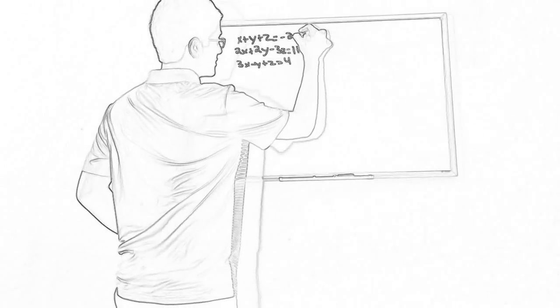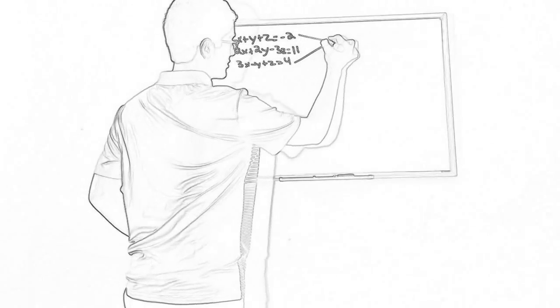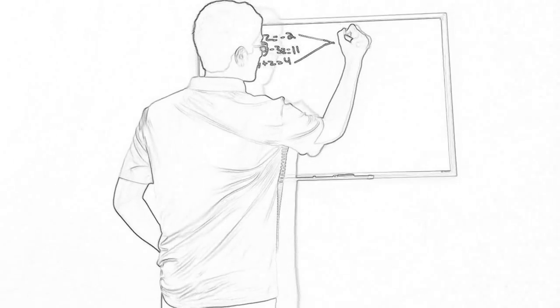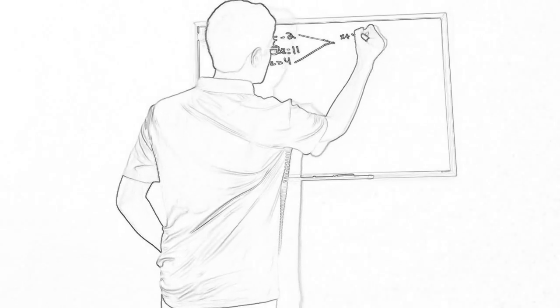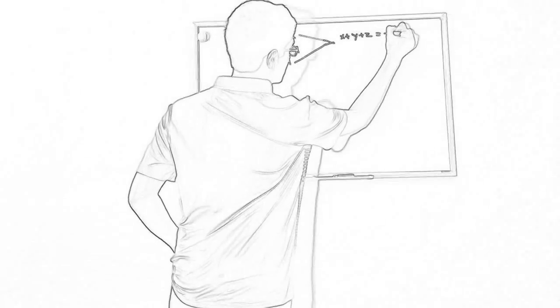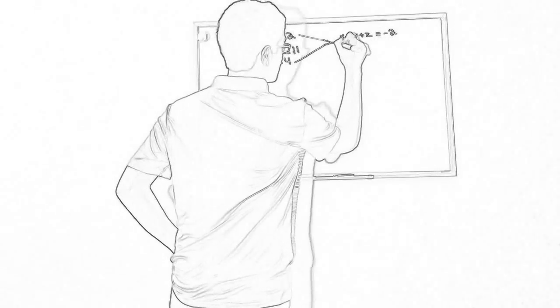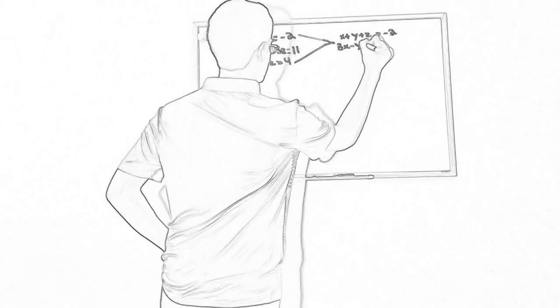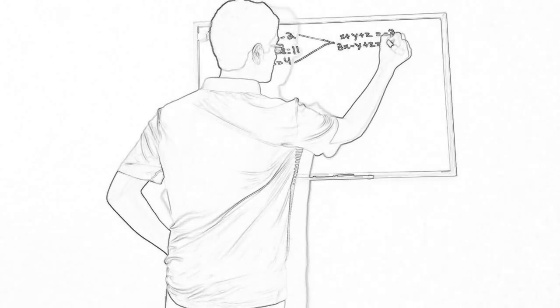We have x plus y plus z equals -2, and we have 3x minus y plus z equals 4.